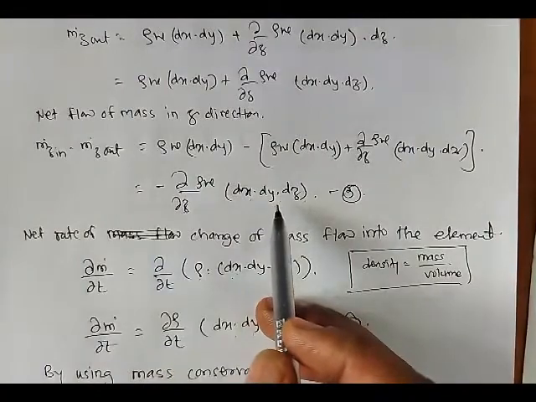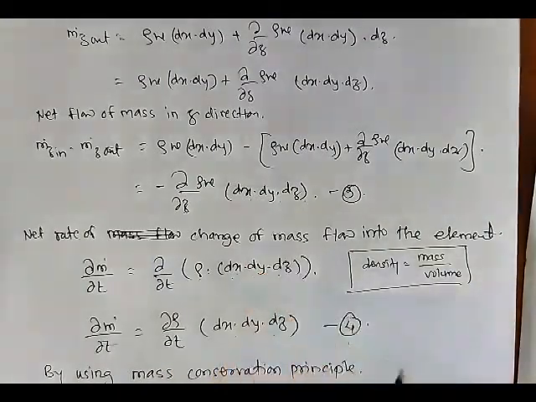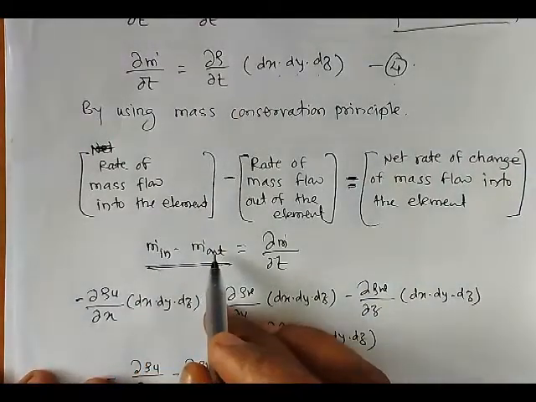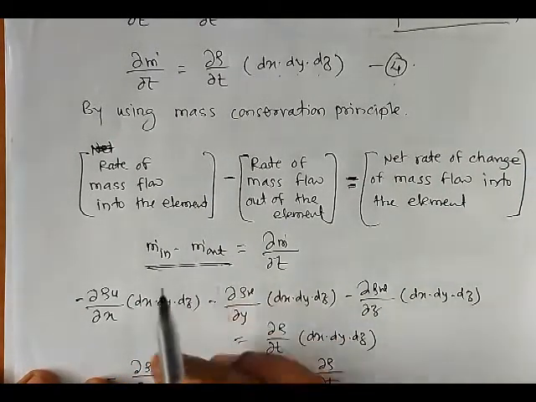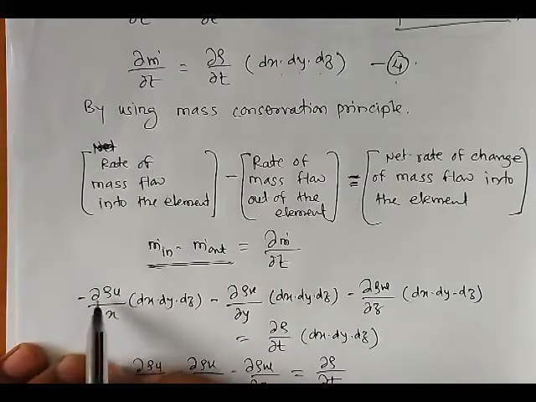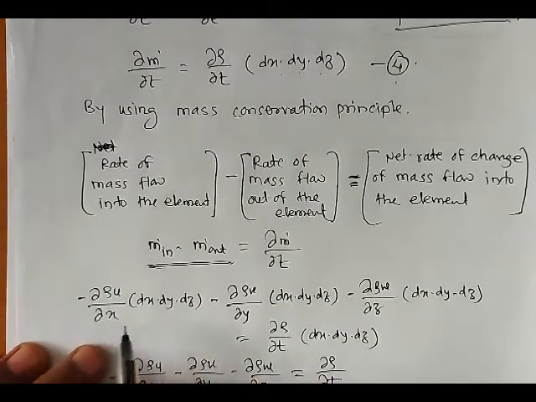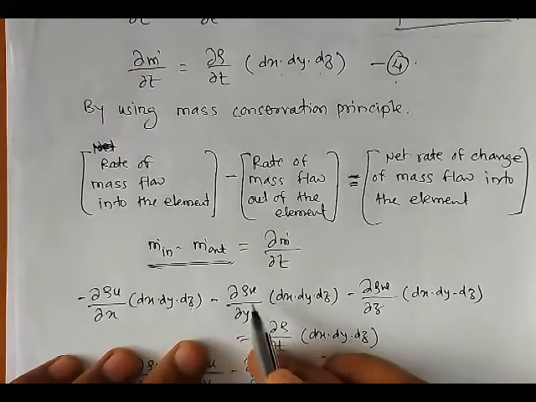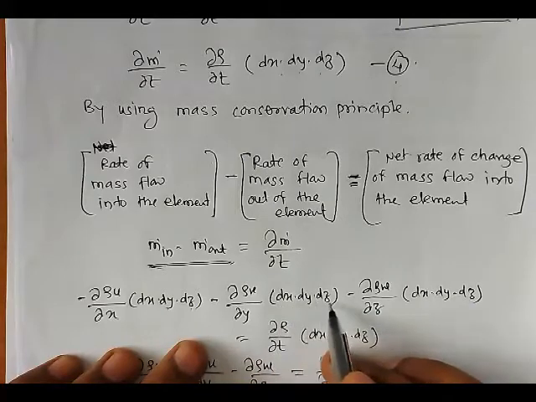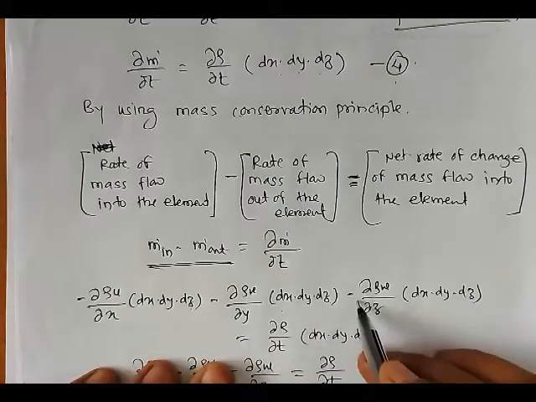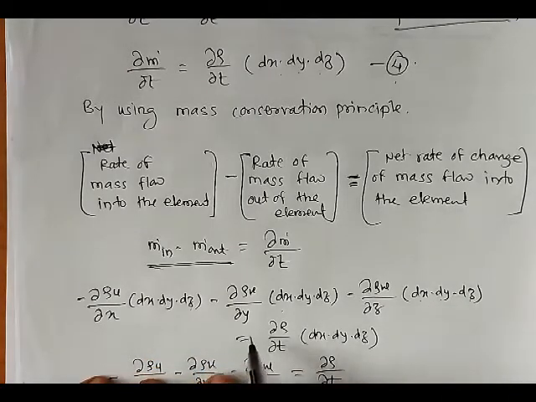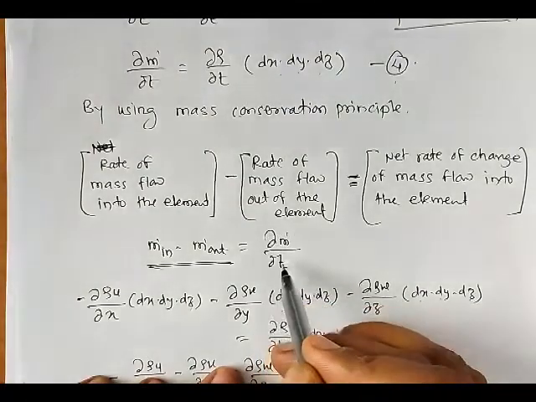That means adding equations number 1, 2 and 3, we will get the net rate of mass flow in and out. So this is the addition: minus ∂(ρu)/∂x dx dy dz from equation number 1, minus ∂(ρv)/∂y dx dy dz from equation number 2, minus ∂(ρw)/∂z dx dy dz from equation number 3. This is equal to the net rate of change of mass with respect to time.